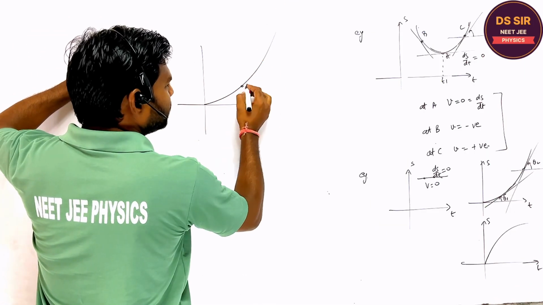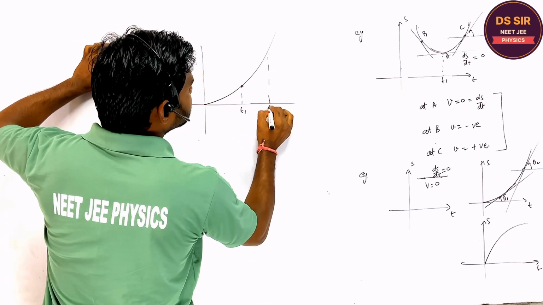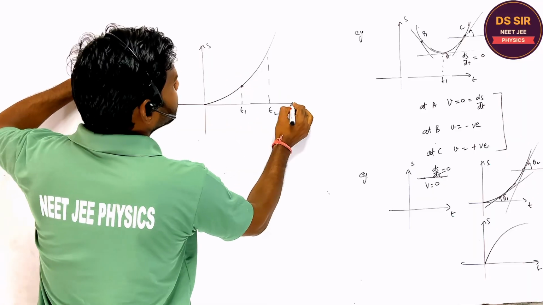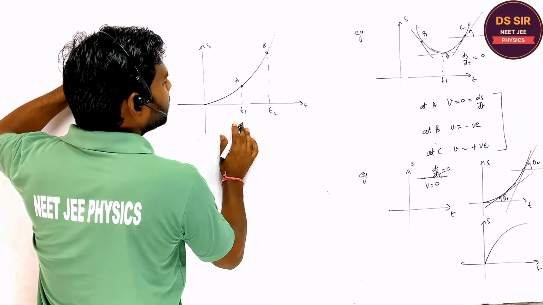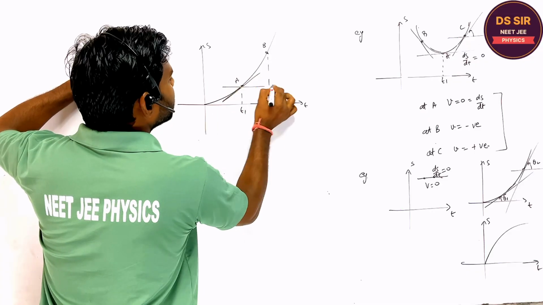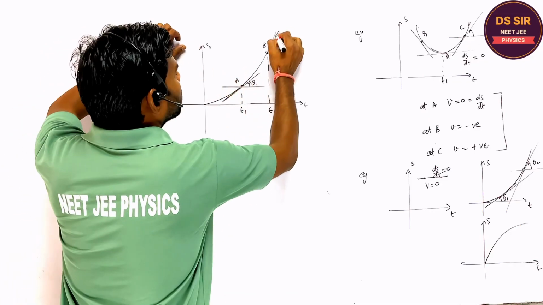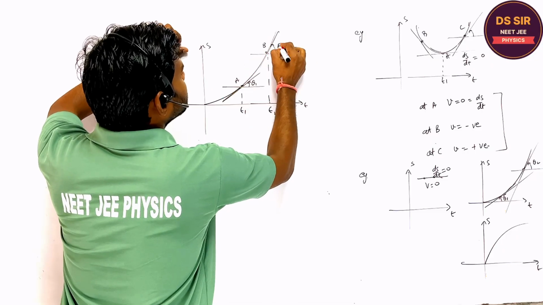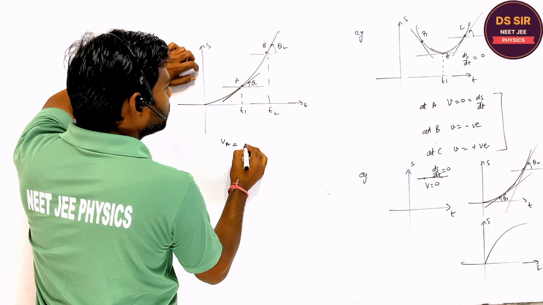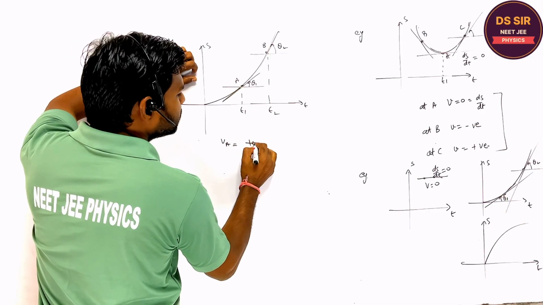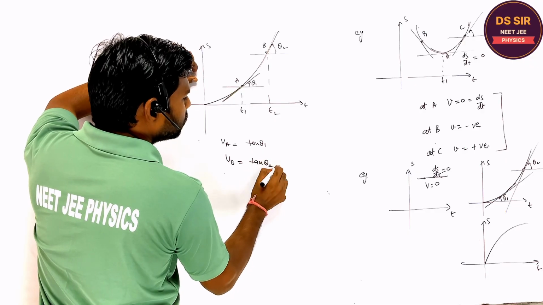Right. The ds upon dt, if you consider this t1 and this t2, this is the s and time graph. At this point and at this point, if you draw the tangent, this is the angle from the horizontal. So at this point va is nothing but ds upon dt, which is equal to tan theta 1, and at point b, vb is tan theta 2.